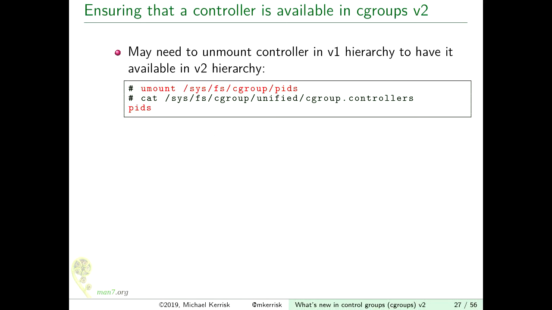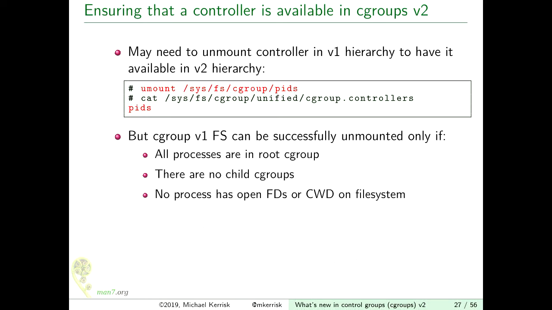And the reason for that is you can only successfully unmount a version 1 hierarchy if all the processes are in the root cgroup, there are no child cgroups, and no process has a current working directory or an open file descriptor that refers to an object inside that hierarchy.